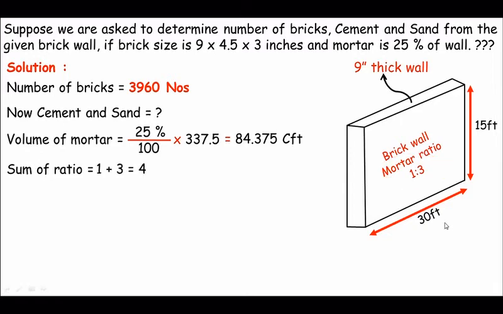When we have the summation of ratio and the volume of mortar, then of course we can calculate the cement, right? It must be the ratio of cement, which is 1, times the volume of mortar, that's known, but the volume of mortar is in wet form, right? We have to convert this into dry volume, and to convert this we'll have to multiply with 1.27, right?